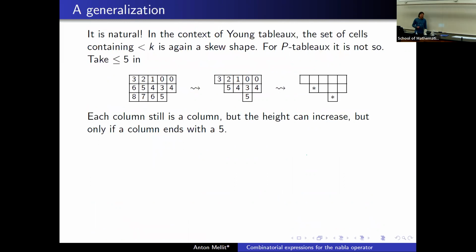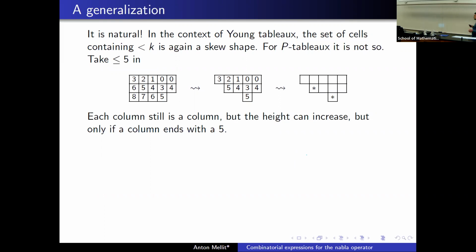And then once you start thinking about this problem, it's very natural that the point is that skew shapes are not all the possible shapes you have to consider. And here is the explanation. What is the main property of shapes in the Young diagram calculus?